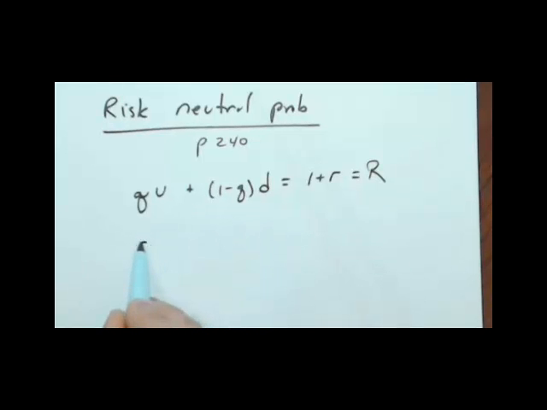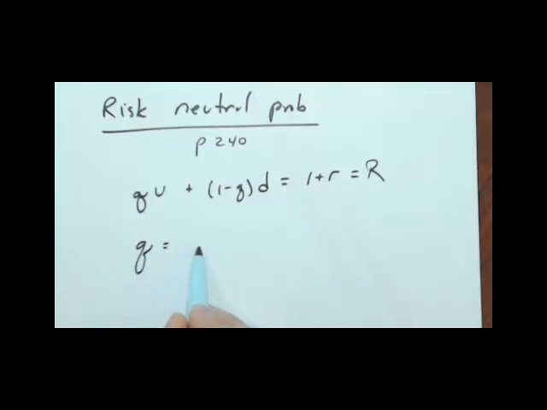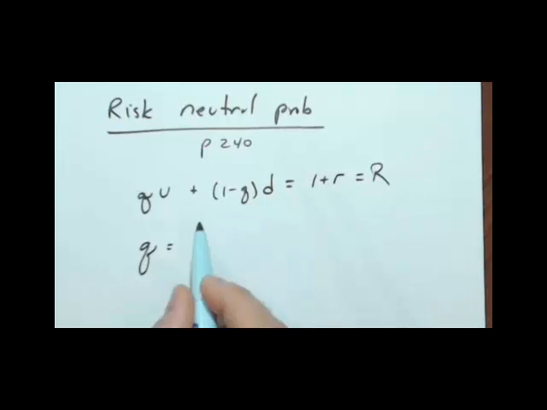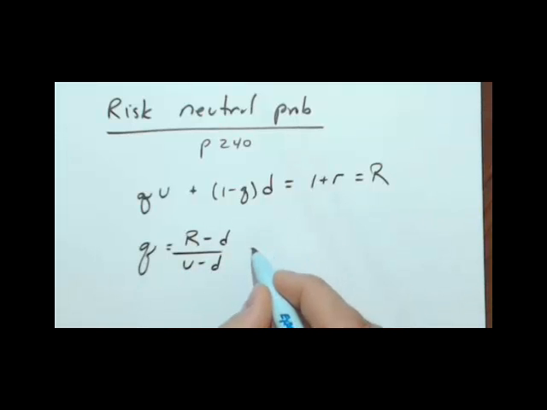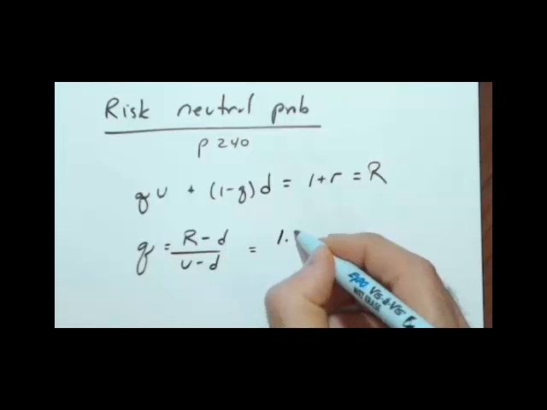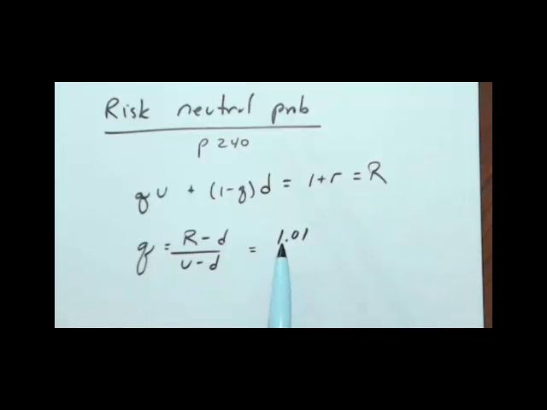Solve for Q, right? Q is the probability of going up, and 1 minus Q is the probability of going down. Q is going to be capital R minus D over U minus D. And we can figure out what that probability is. It's 1.01, because on a 6-month basis for each step, it's 1.01 minus the 0.856 that we calculated at the very beginning for D, divided by the 1.1683 we calculated at the beginning.